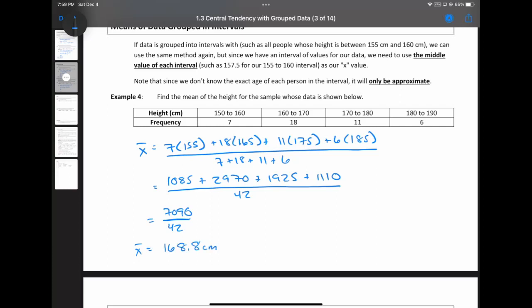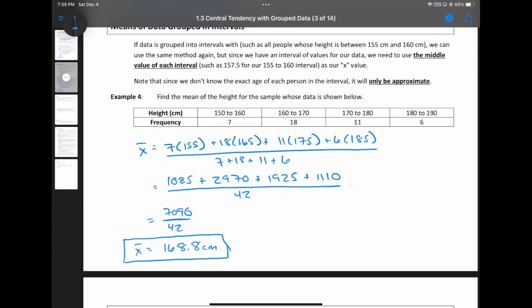And again, in my final line, I don't feel bad about putting units on, even though I don't put them in anywhere else. So again, this is an approximate because we don't have individual data points, so I can't say the true median is 168.8. All I can say is that given the information I have, my best guess is that the average is 168.8, or about 169 centimeters.